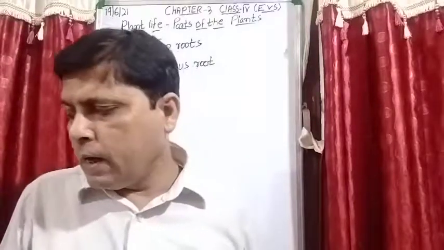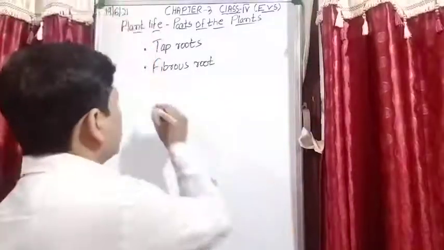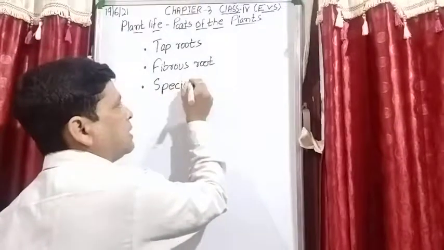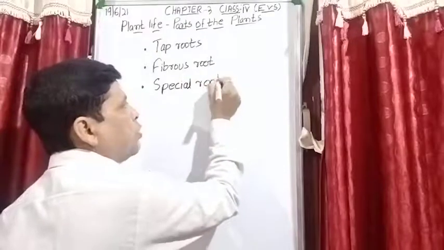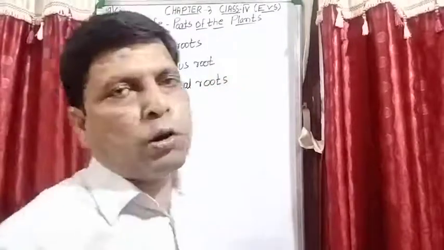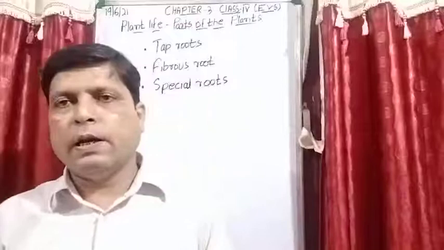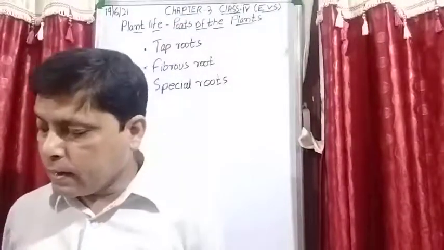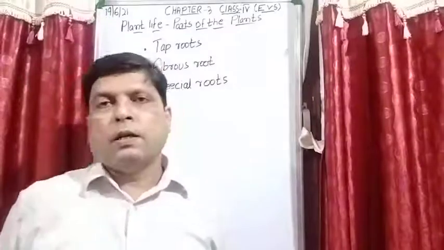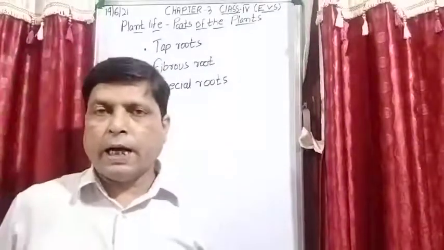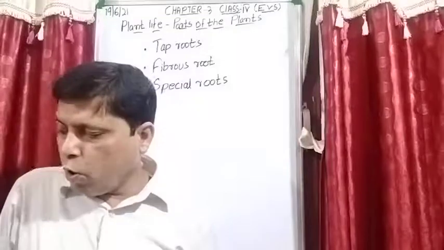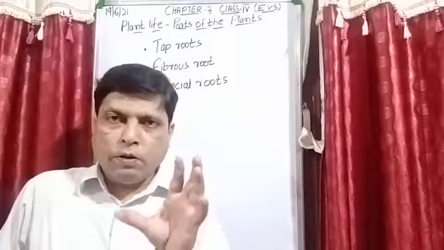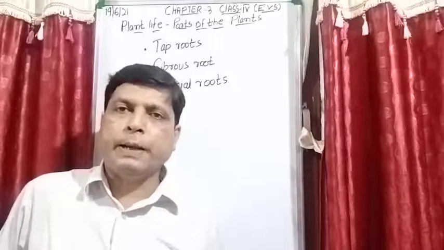After that I discussed special roots. Why do we call these special roots? Because these roots store food. Some plants have special roots, for example turnip, radish, carrot. These types of roots store food in them.